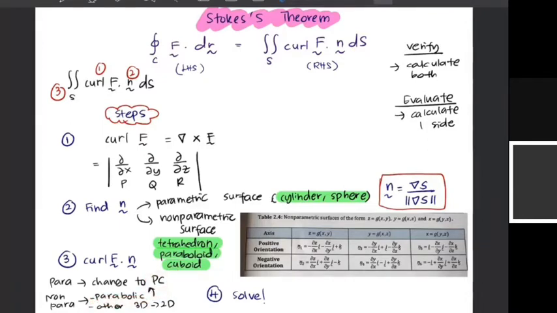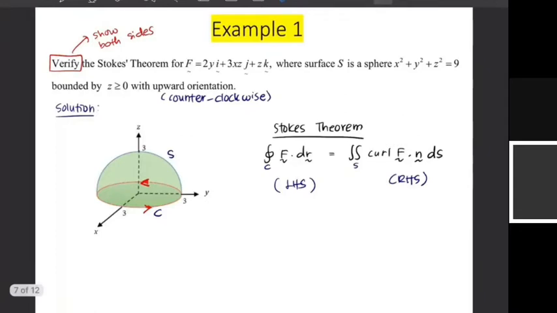And for other surfaces, you change from 3D to 2D. Remember, here we want to determine the flux. Remember? Surface integral, the flux flowing through the surface. Step number 4, solve the integral.